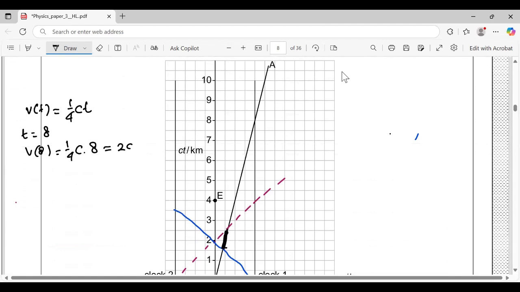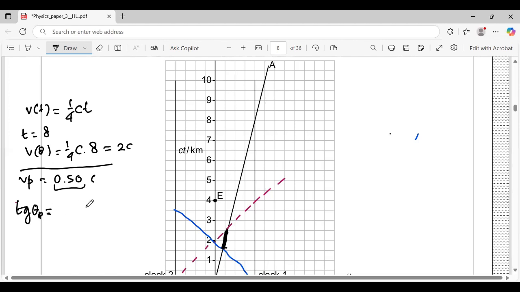According to the information, Vp equals 0.50 c. So the gradient is one over 0.50.